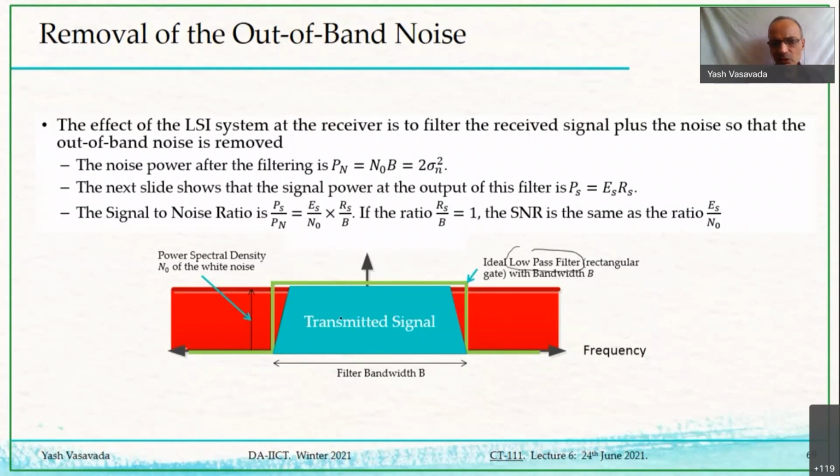It will only pass the low frequencies at which the signal is present. Remember, this is the spectral diagram. This red here is the power spectral density of the white noise. The reason why it is called white is because its power spectral density is constant, irrespective of the frequency. So this is a frequency domain diagram, and I'm doing this gating in the frequency domain.